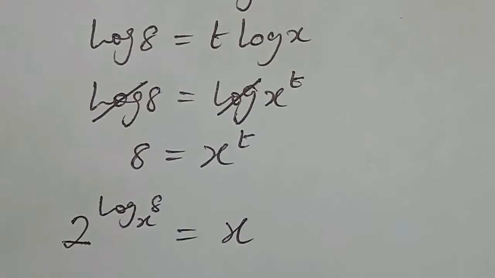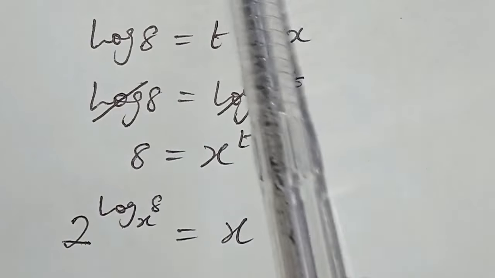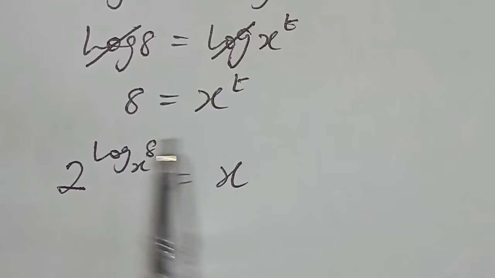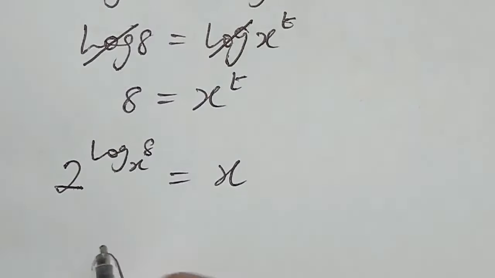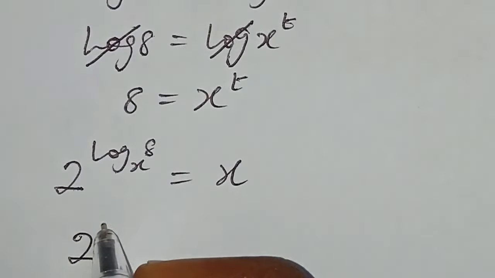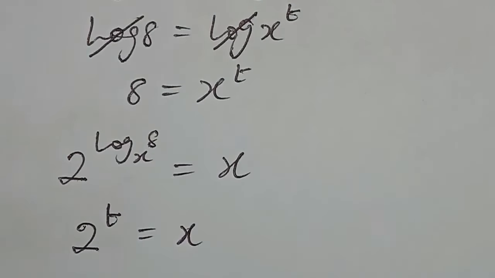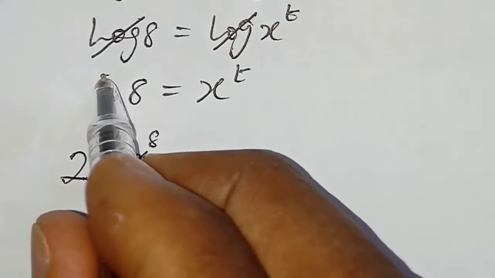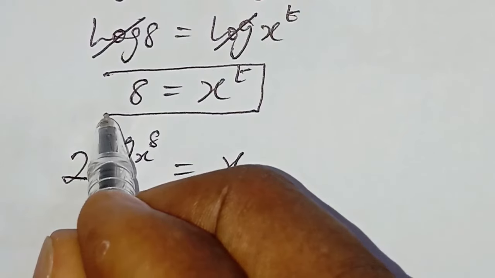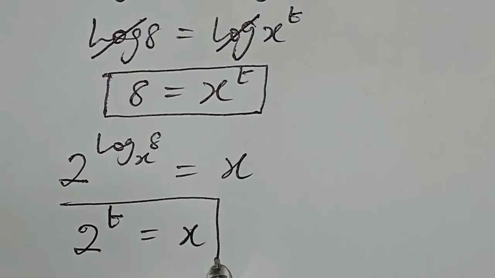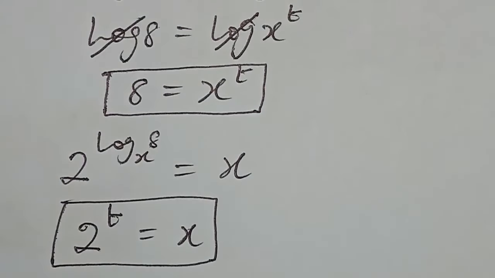So this means that, having derived t to be equal to this term, we can substitute it here. So we can now say this is also 2 to the power of t is equal to x. So we have this equation and we have this equation as well.